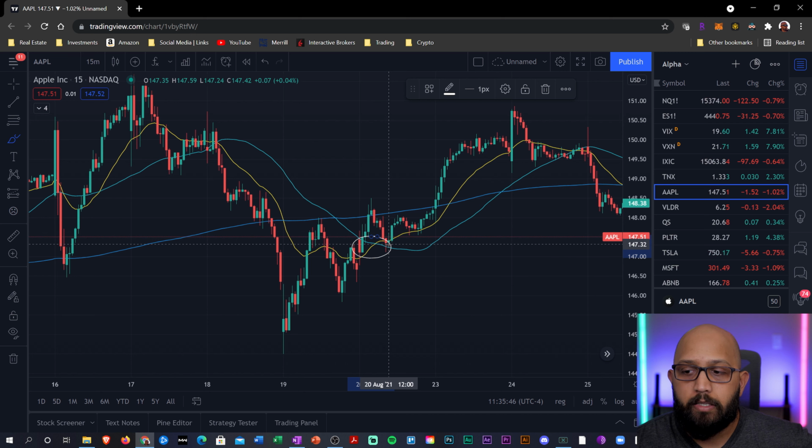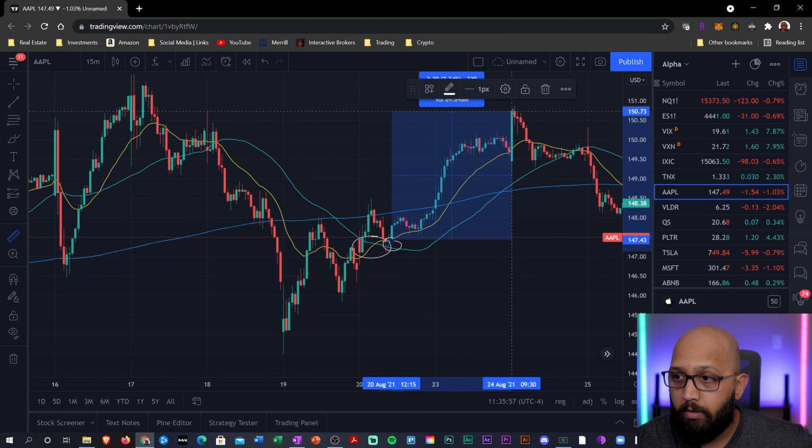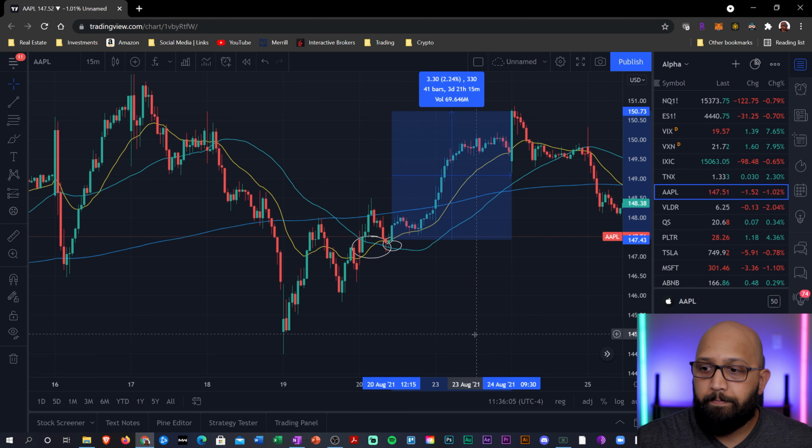It comes back down and tests here. This might be a signal for you to enter. If you entered here and held it for a few days, that's around $3 per share you would have made, and 2.24%, which is not a bad trade.